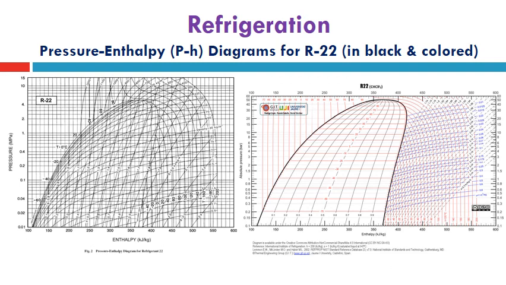In this slide we will compare the same refrigerant, but we will change the color of the chart of the pH diagram, and also switch the units of the pressure from megapascal to bar.